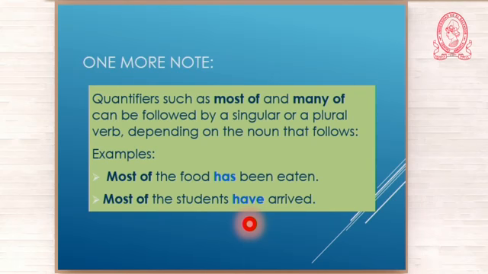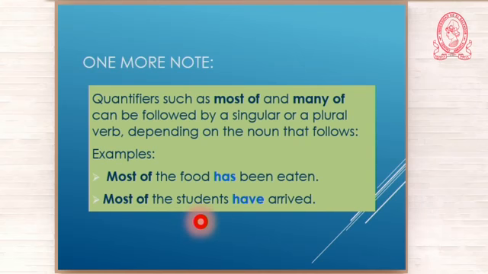Then we may ask ourselves, well, if I have most of, should I use singular or plural when talking about the verb? Well, it all depends on the noun that is after most of. Look at the first sentence. Most of the food. Food is a mass noun. It is singular. Okay, then I have has. Let us look at the other sentence. We have most of, and then we have students.